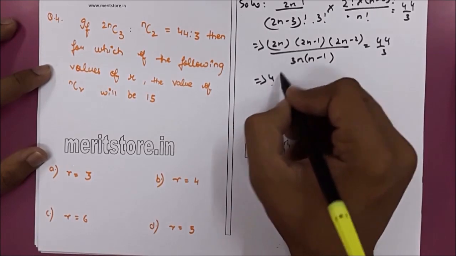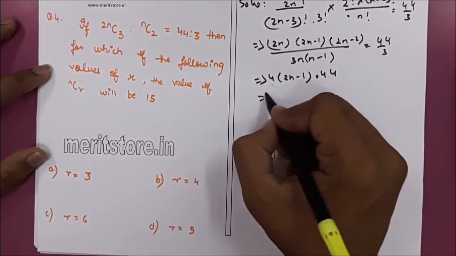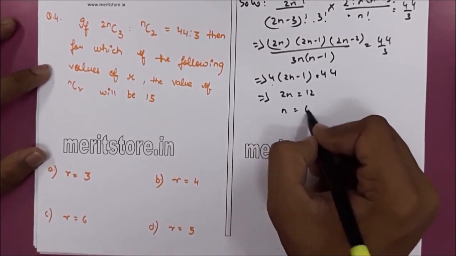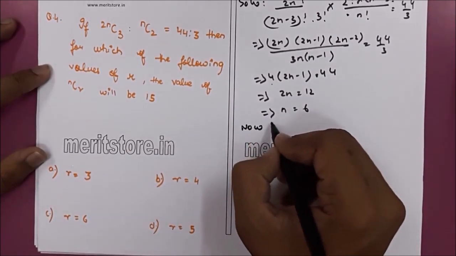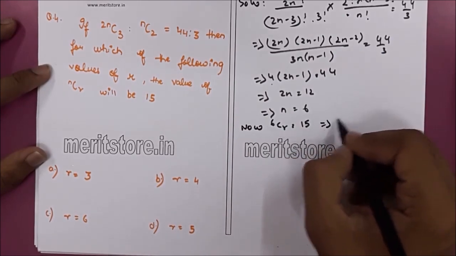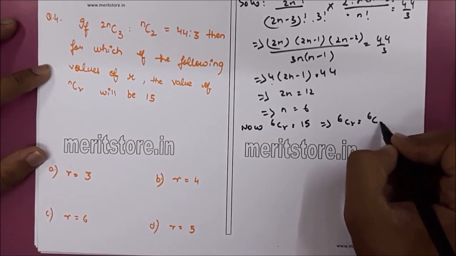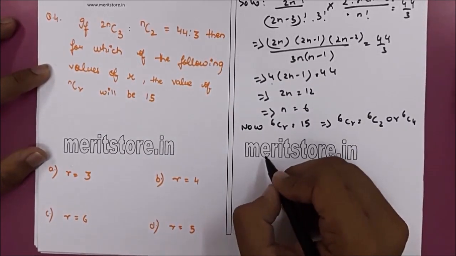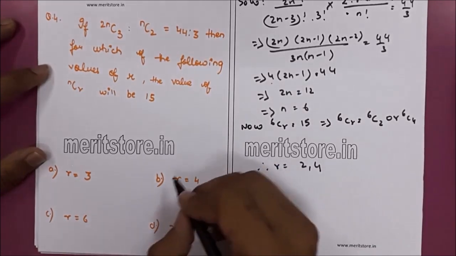That is 2n minus 1 is equal to 11, so 2n is equal to 12, n is equal to 6. Now 6CR is equal to 15. Therefore, 6CR is equal to 6C2 or 6C4. Therefore, R is equal to 2, 4. Therefore, option B is correct.